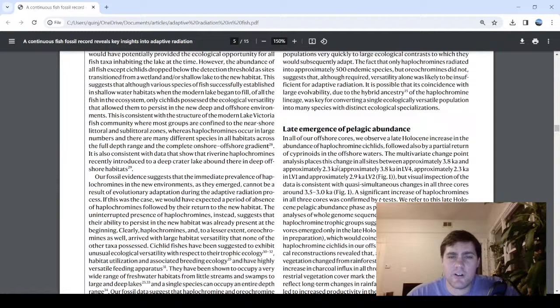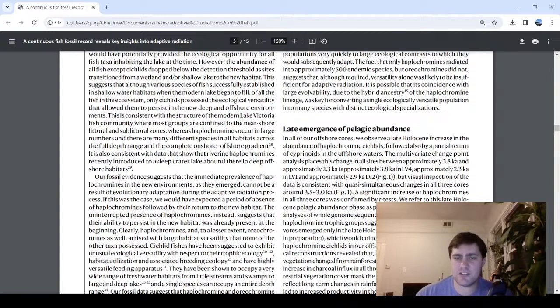In all of our offshore cores, we observed a late Holocene increase in the abundance of haplochromine cichlids, followed by a partial return of the cyprinoids to offshore waters. The multivariate change point analysis places this change in all sites between approximately 3.8 and 2.3 Ka.